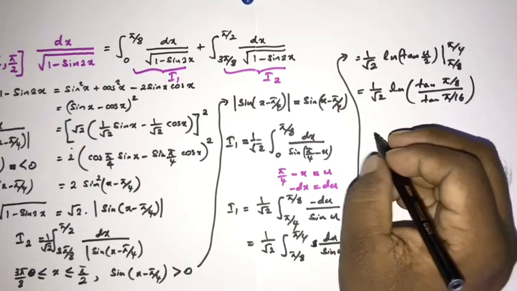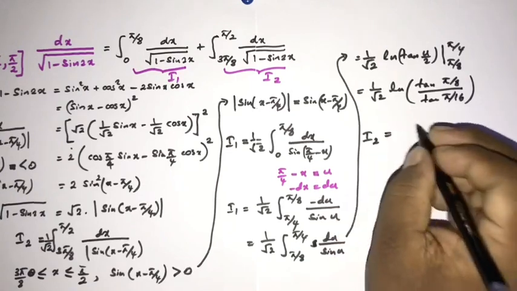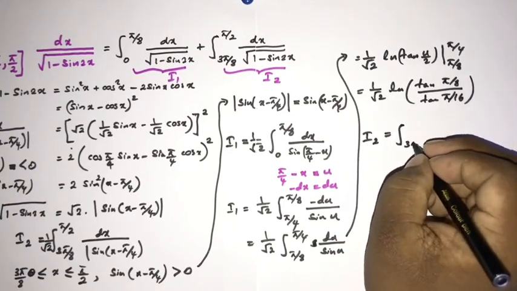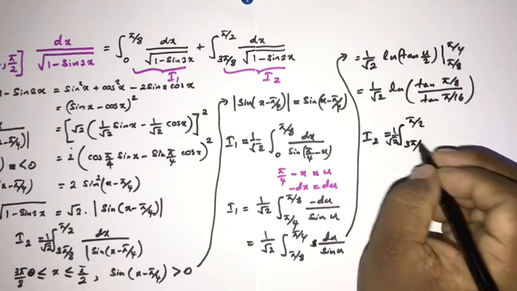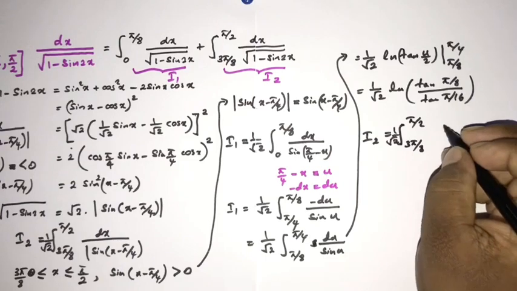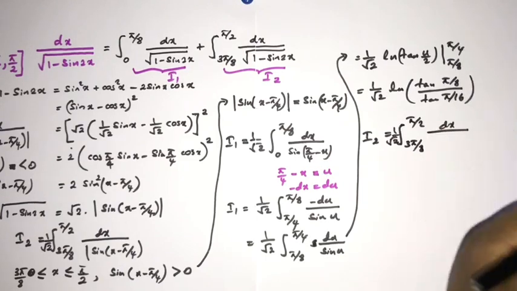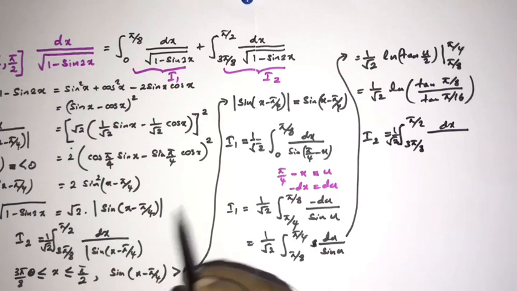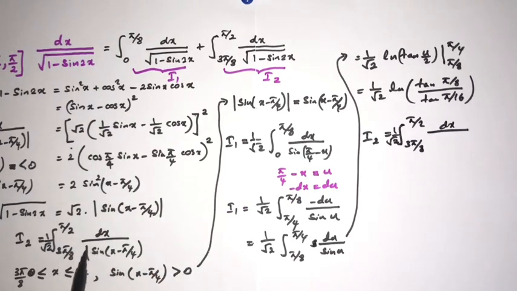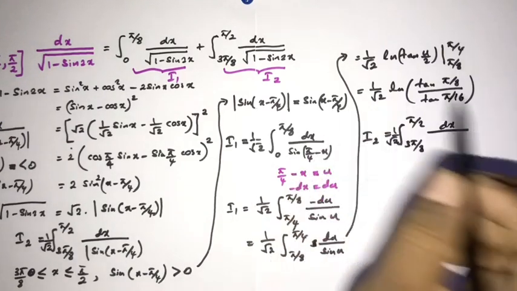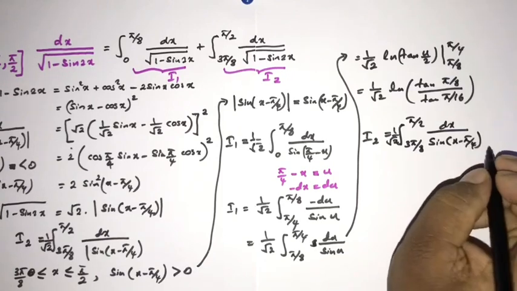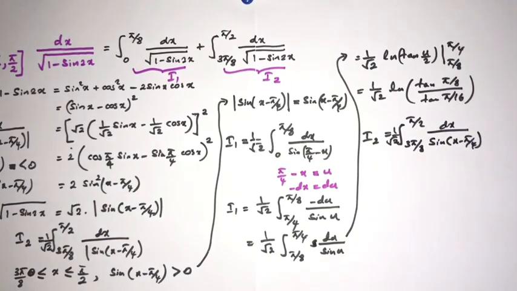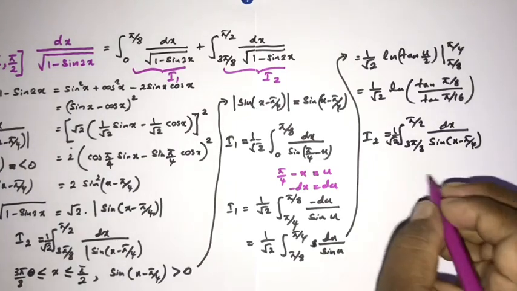Now let's consider I2. I2 is the integral from 3π/8 to π/2 of 1 over square root of 2, dx over the absolute value of sine of (x minus π/4), which is sine of (x minus π/4). Now let's consider another substitution.